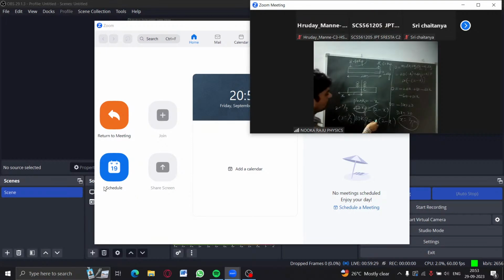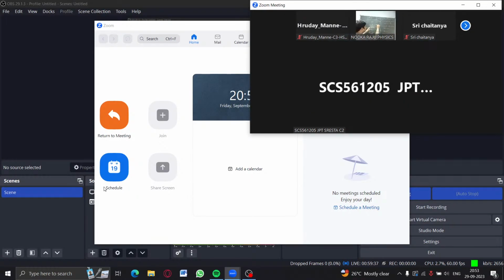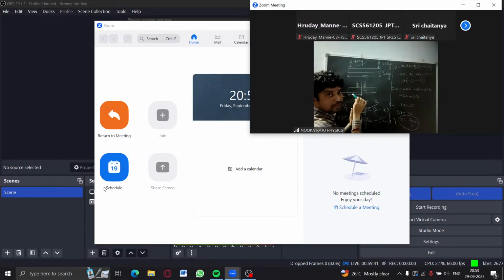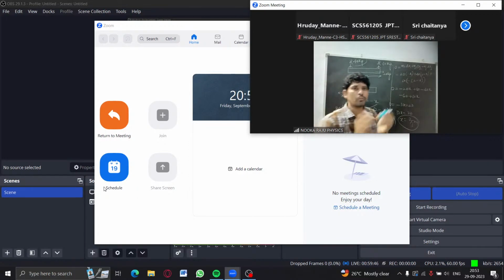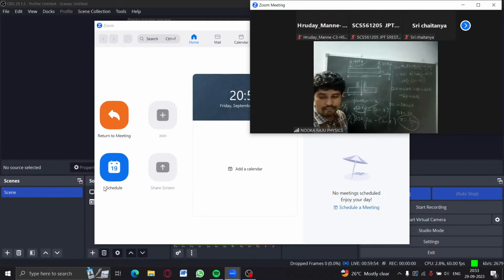Yes, one person is moving towards the center, another person is moving away from the center. So both are opposite signs. That's why I considered the sign. Okay, sir. Still any doubt?